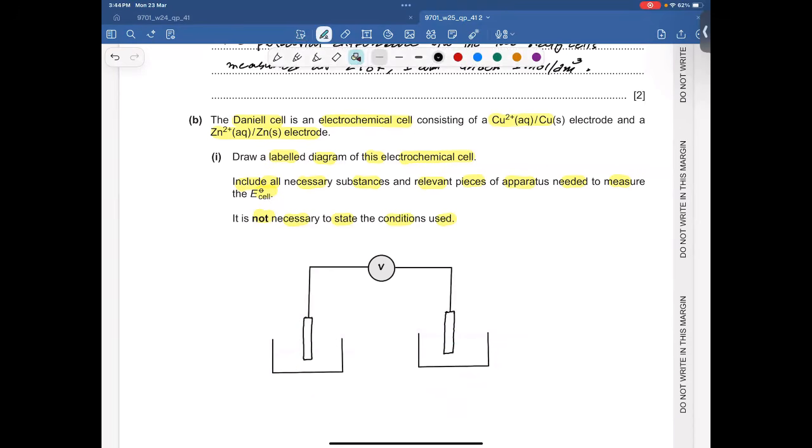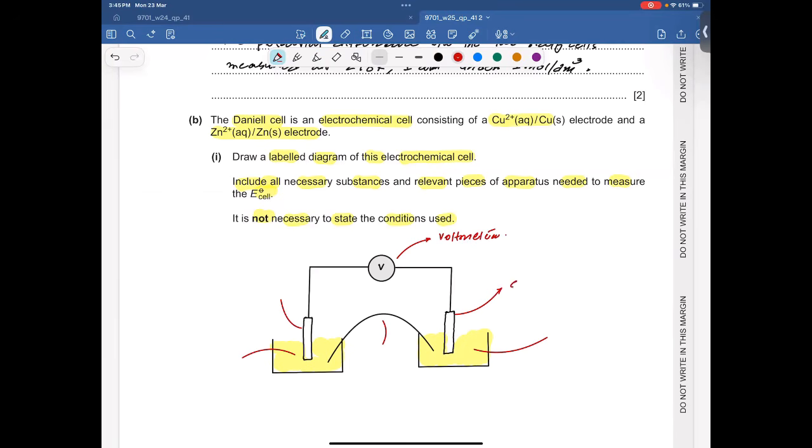Both these half cells are connected via a salt bridge. First of all, this is the voltmeter. It is also called a high resistance voltmeter, or potentiometer.